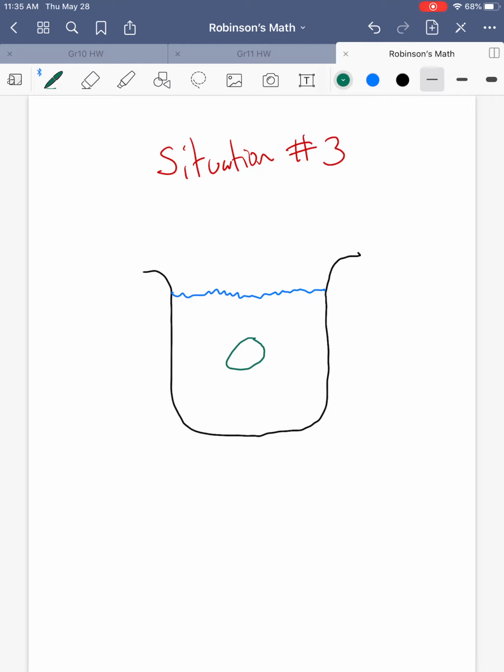And if I do it enough, what I'm trying to do is make the density of the egg and the density of the salt water, or the diluted salt water, the same. And if I do that, what I end up getting is neutral buoyancy. And that is where the egg is suspended in the middle of the water.